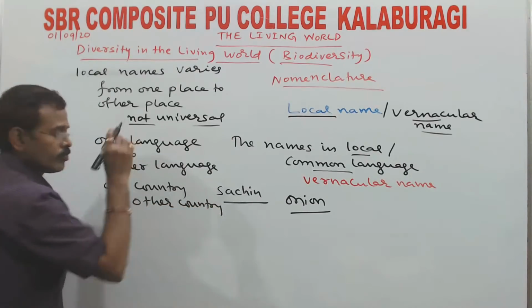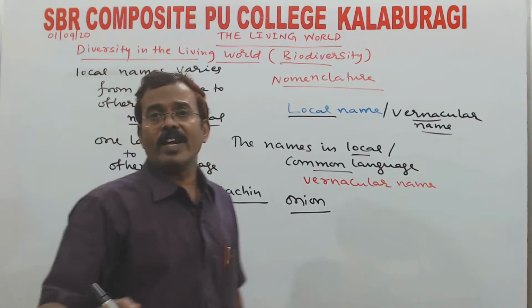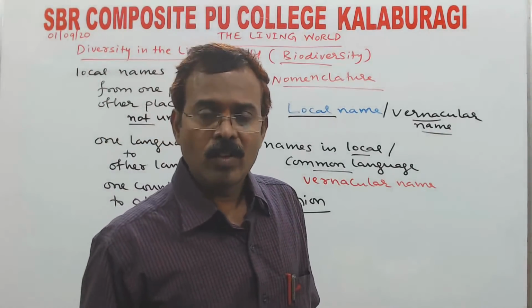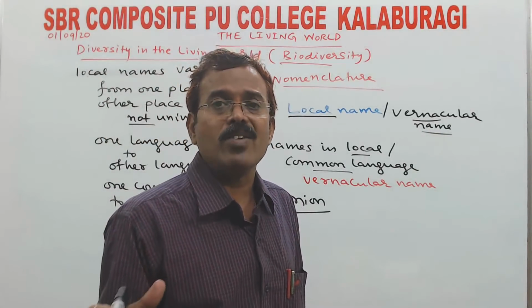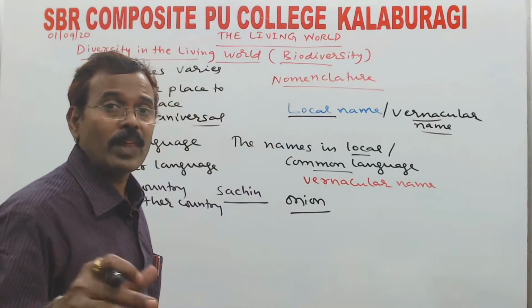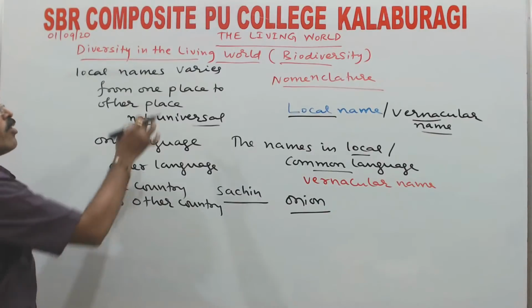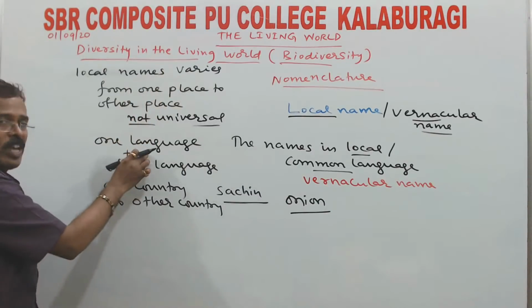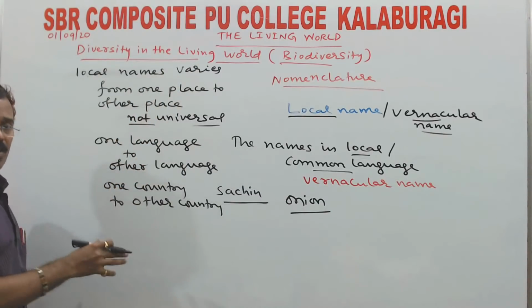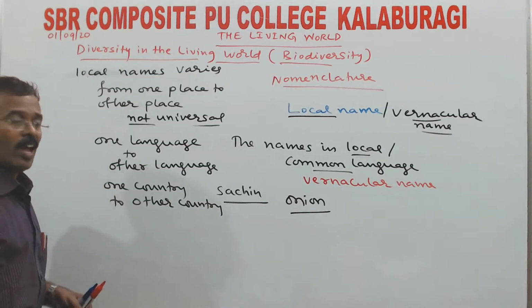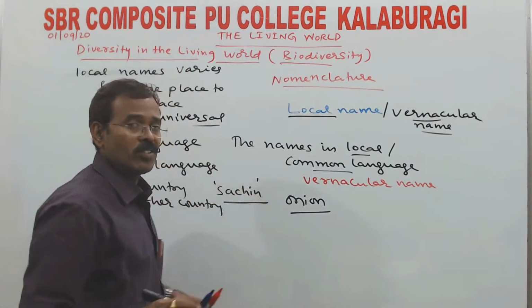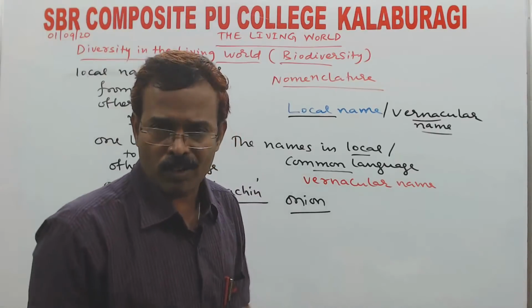It is very difficult to communicate about living beings, the plants and animals, with local names. Because local names are not universal, they vary from one place to another, from one language to another, from one country to another, and a local name is shared by many individuals.